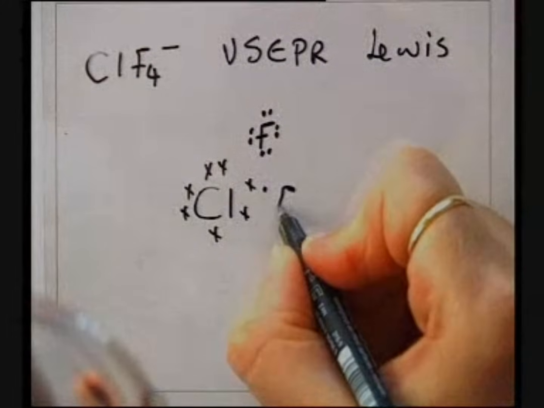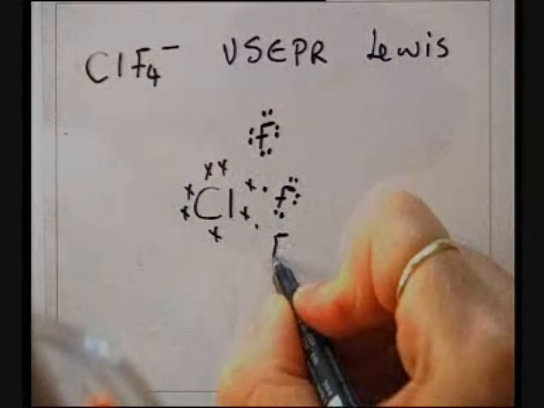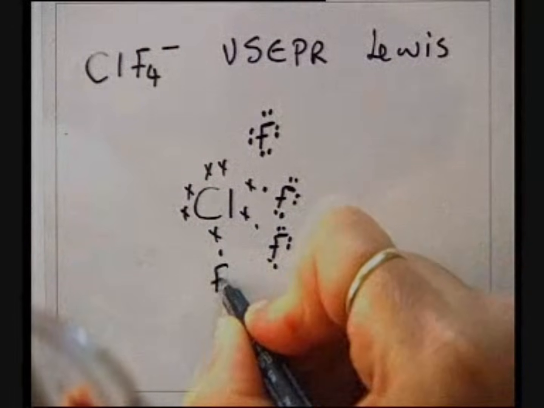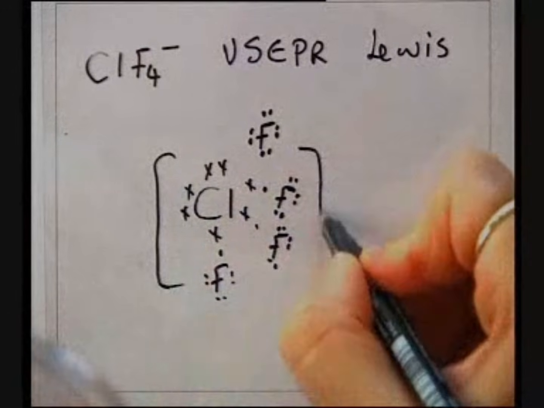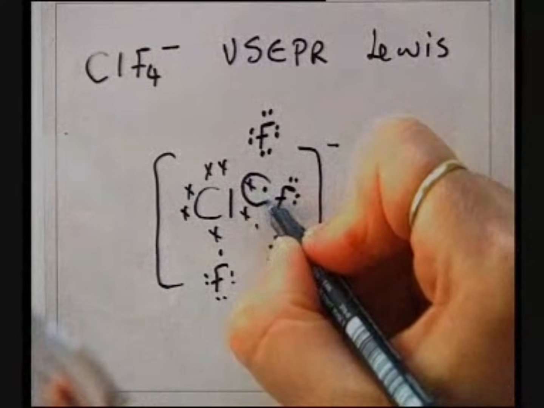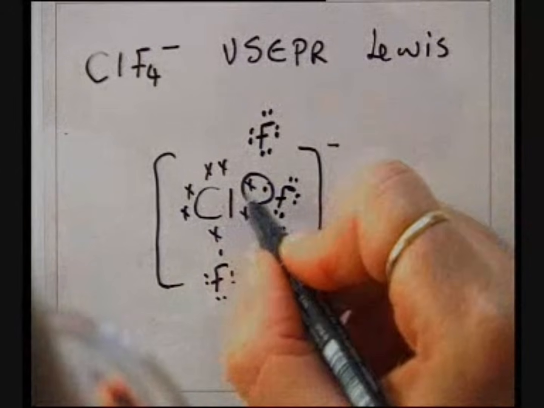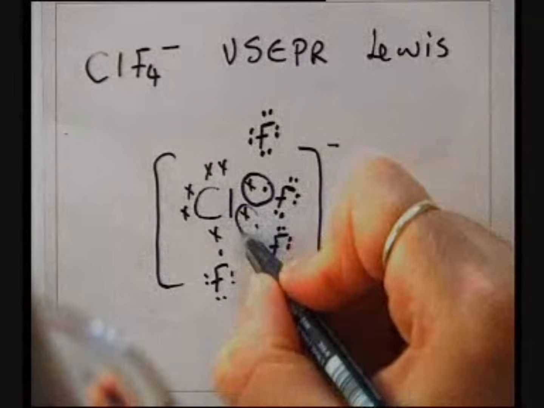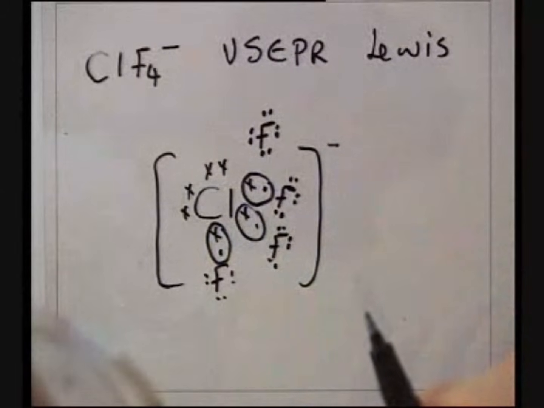And then we've got 3 fluorine atoms with 7 valence electrons. Covalent bonds can form where one electron is donated from the central chlorine atom and one electron is donated from the terminal fluorine atom. And we form 3 such single covalent bonds.